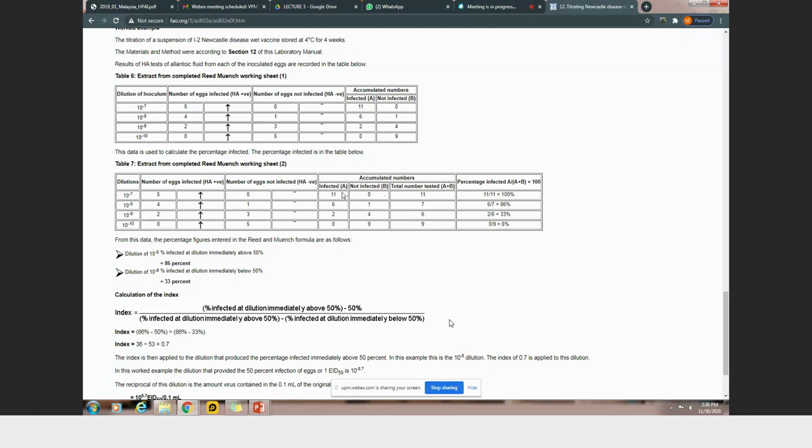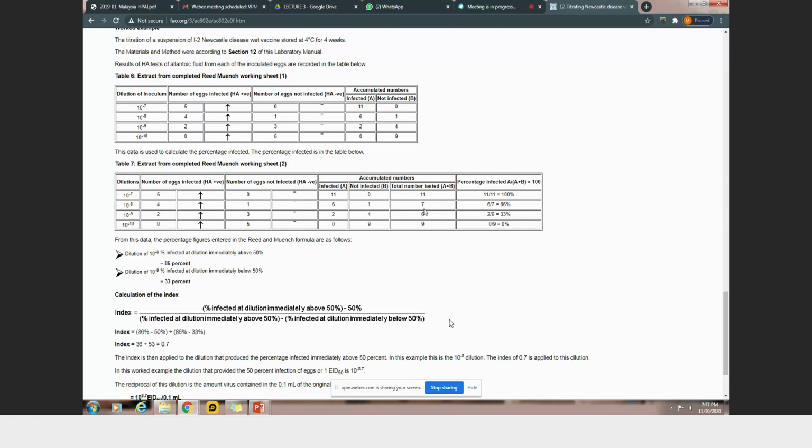A is the cumulated number of infected and B is the cumulated number of non-infected. Here, you need to add one more column indicating percentage of infected, where it is the infected number divided by infected plus non-infected. So here will be total number tested 11 over all.